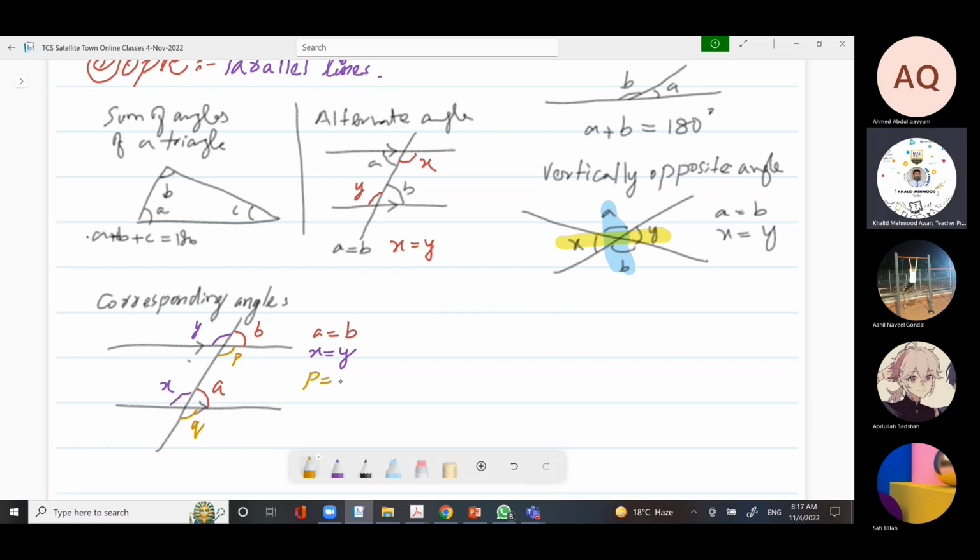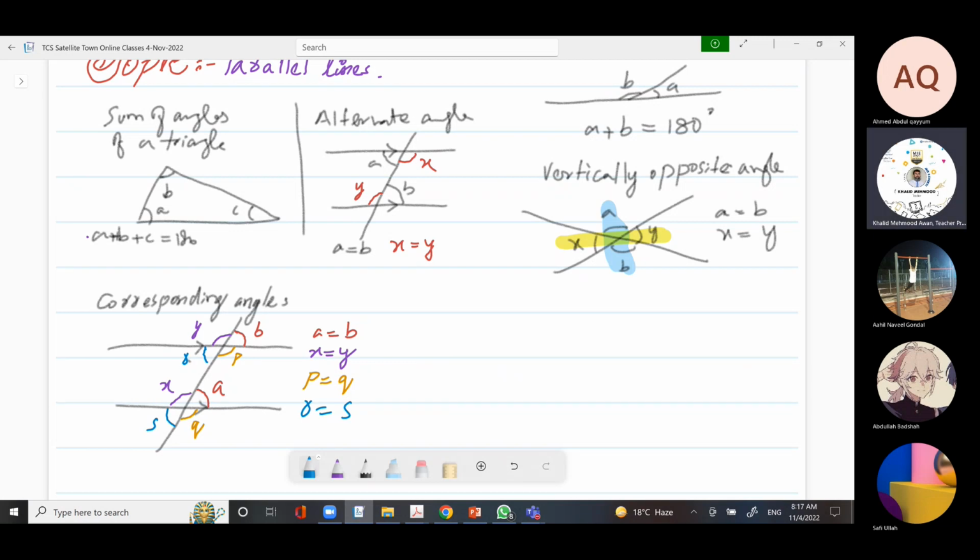I'm using different colors so that you can identify what is interior and what is exterior on the same side. P is equal to Q, and then there is another angle that I'm naming R, which will be equal to S. The same side interior and same side exterior angle, so R is equal to S.